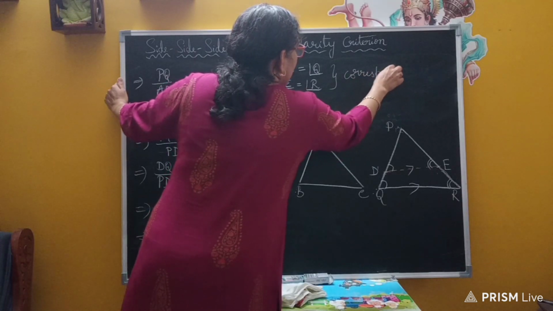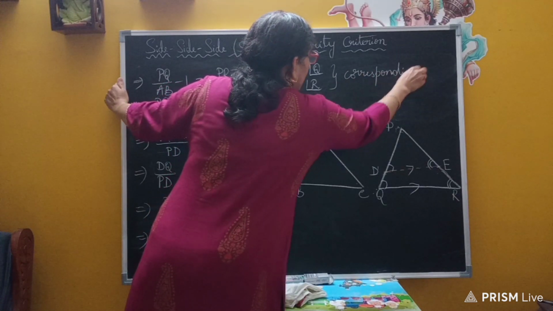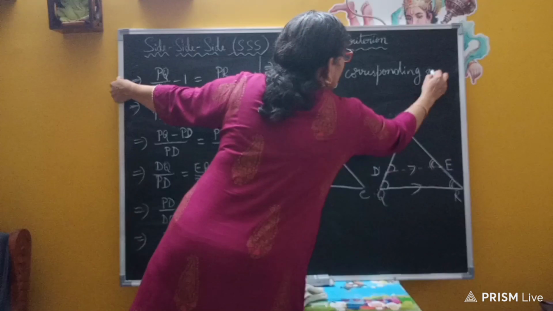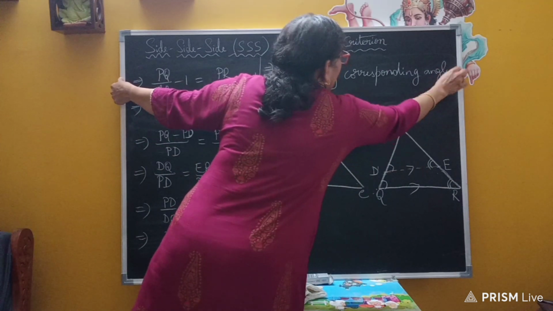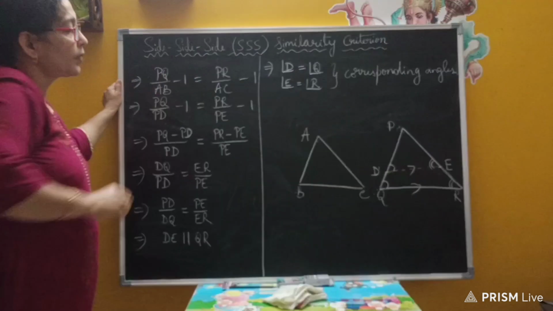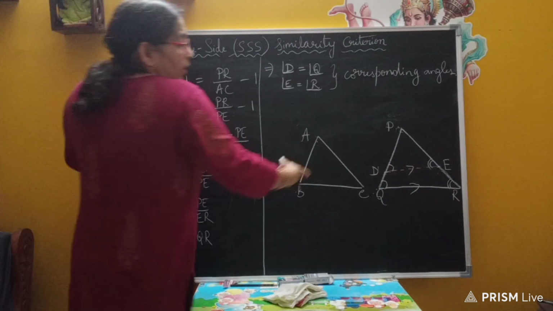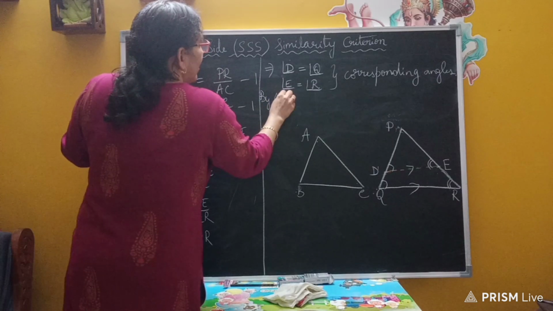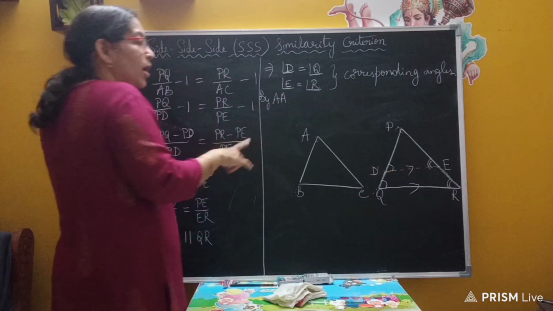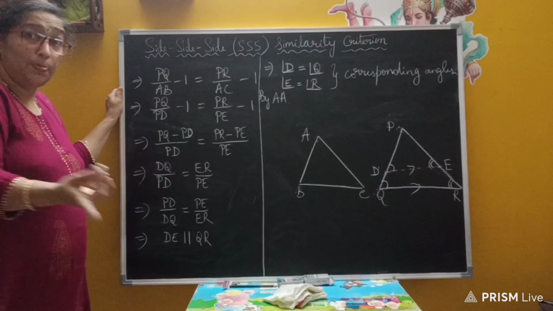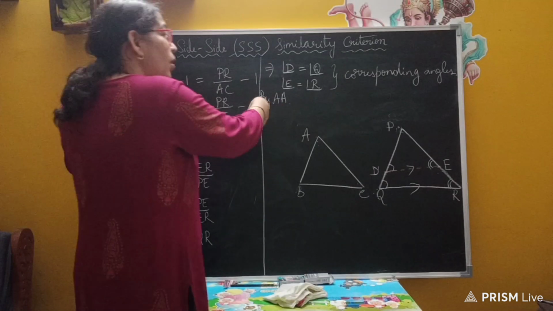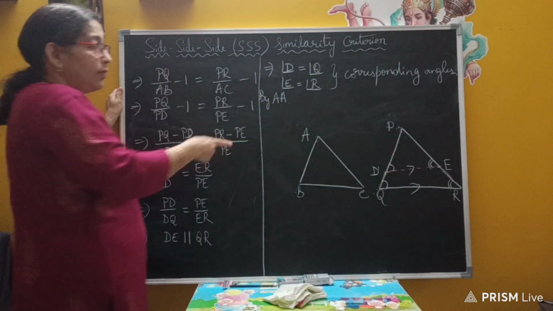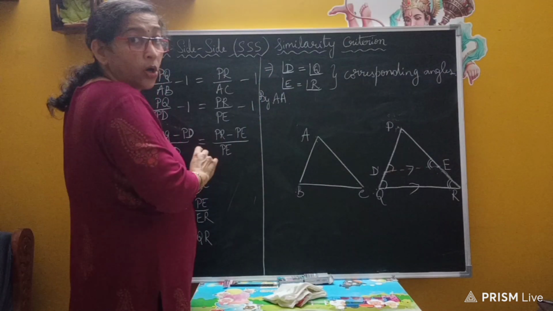Corresponding angles axiom you had in the previous lower classes, isn't it? Now, by the AA criterion, AA or AAA, both are the same. If two angles are equal, the third angle will be considered equal, and we can say the AA criterion holds good.